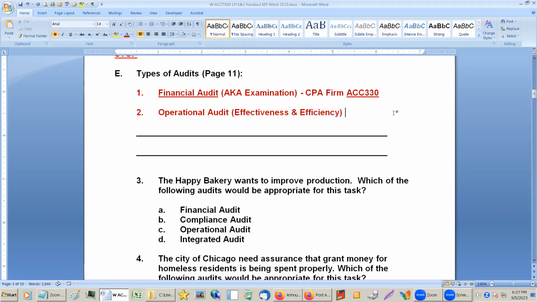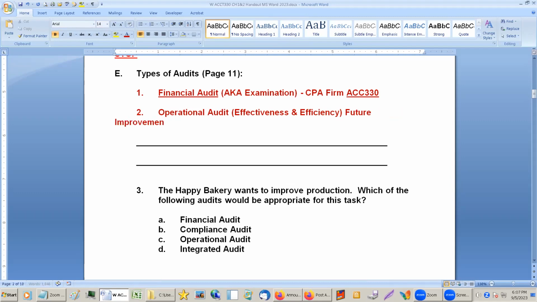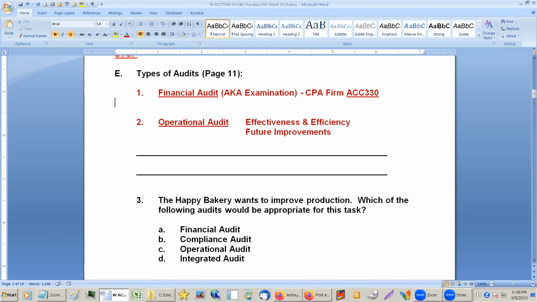This is for future improvements. Let's stop here for a second and kind of contrast these two.